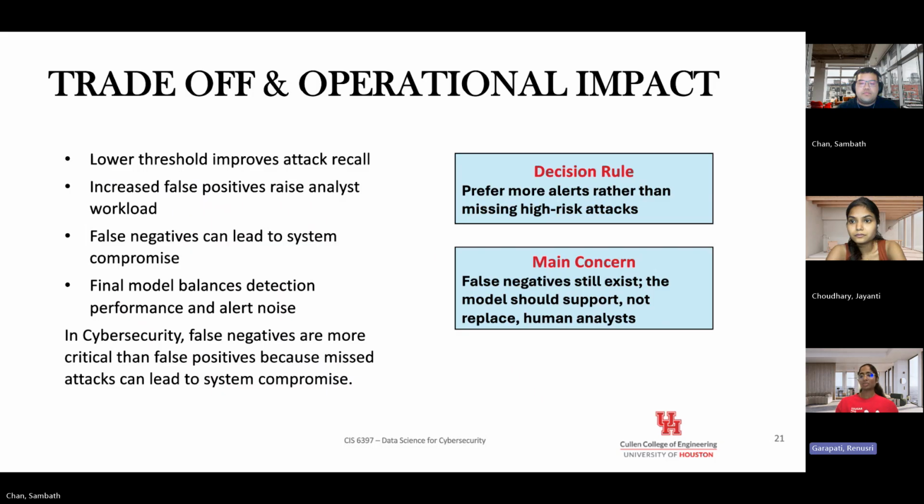This is the trade-off that we chose to accept, because a few extra alerts are okay rather than ignoring the false negatives. Based on this optimization, here is what we learned about the system. Next slide, please.